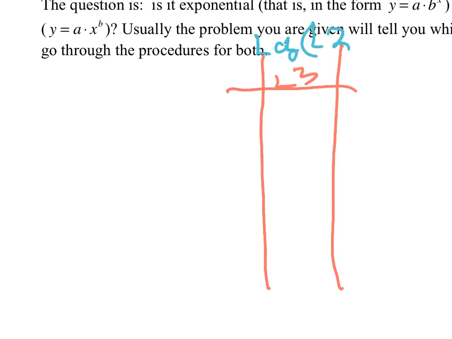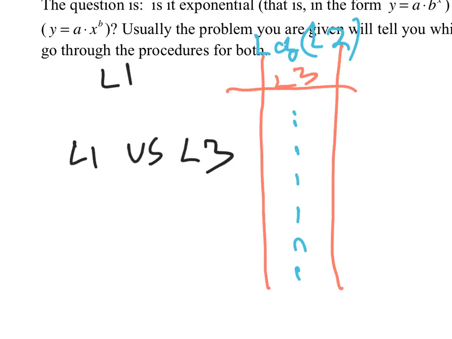Log list 2. And numbers will appear. Now, don't forget, we still have our list 1 in our calculator, right? List 1. Now, I want you to go back to your scatter plot. And I want you to look at list 1 versus list 3.